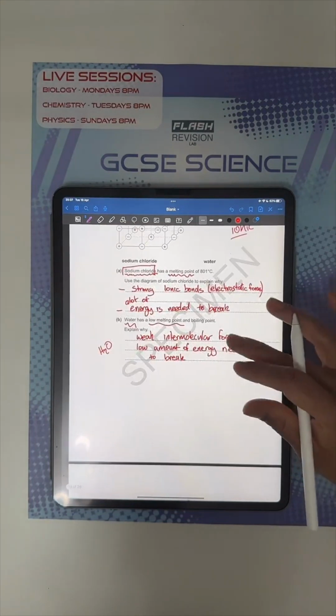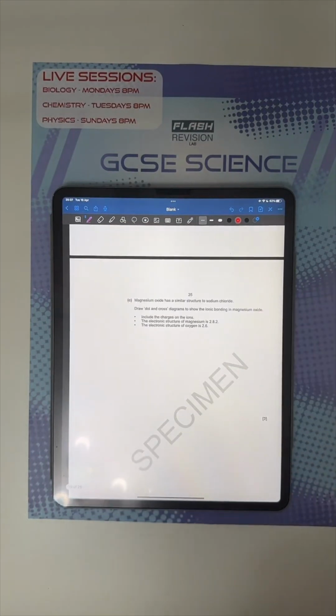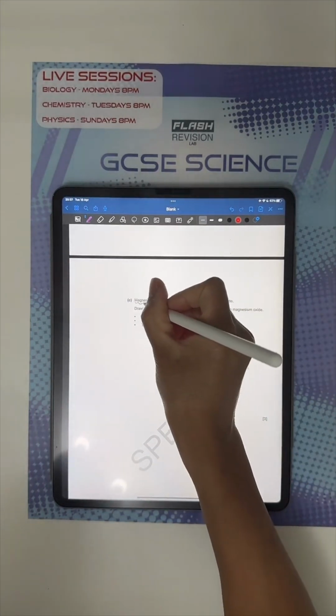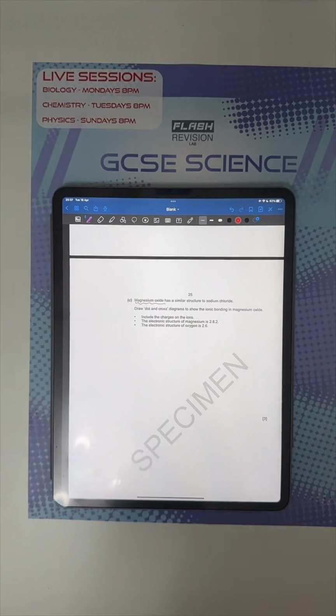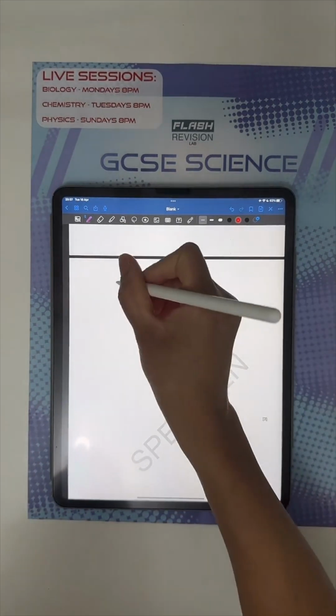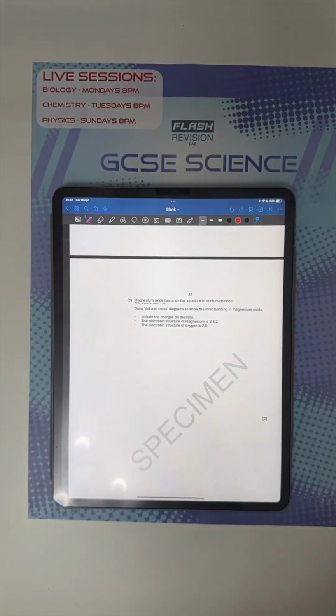Okay, so next question is on magnesium oxide. First of all, magnesium oxide, does that have an ionic, covalent, or metallic structure? Ionic, yeah, exactly.